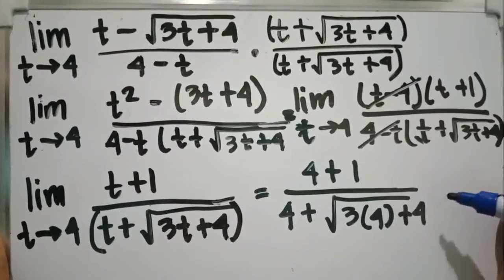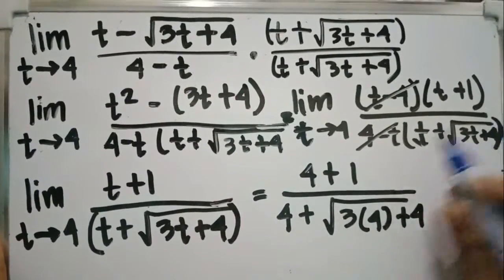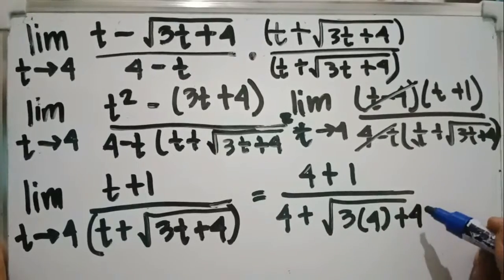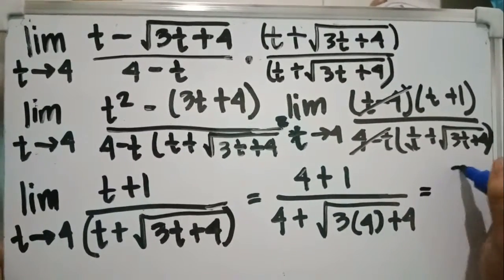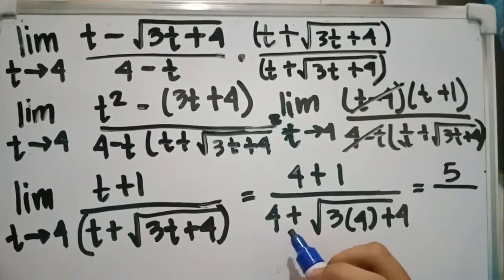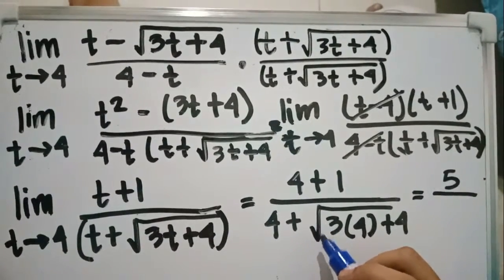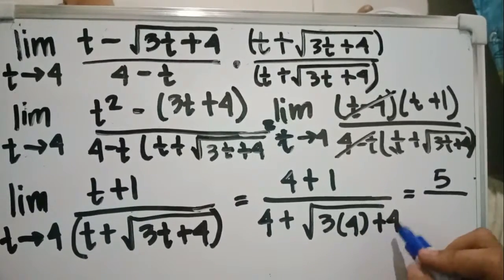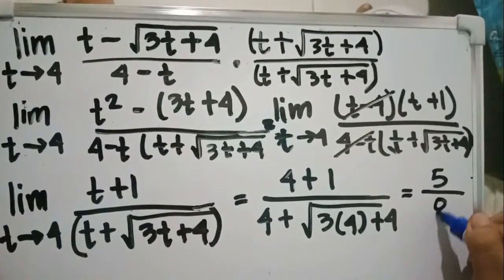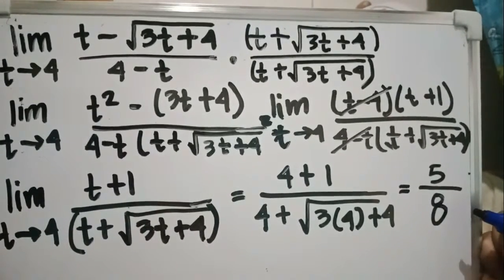So now we're just going to add this up and calculate everything. So 4 plus 1 will get 5, and 4 plus the square root of 3 times 4 plus 4 will get 8.